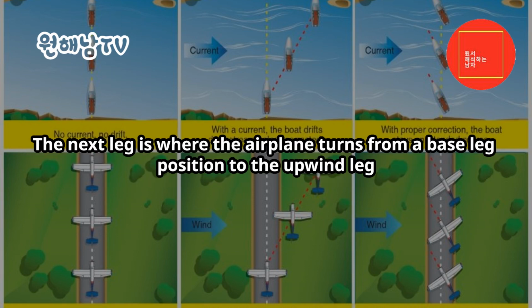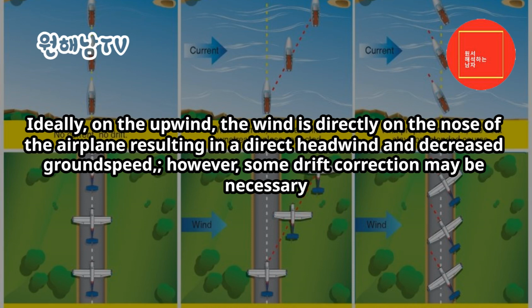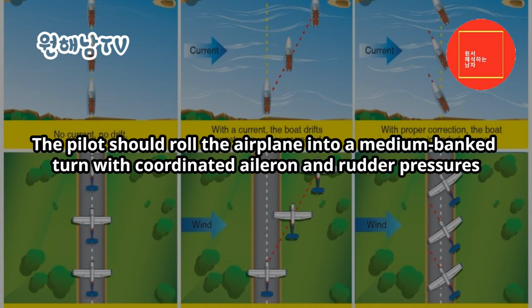The next leg is where the airplane turns from a base leg position to the upwind leg. Ideally, on the upwind, the wind is directly on the nose of the airplane, resulting in a direct headwind and decreased ground speed. However, some drift correction may be necessary. The pilot should roll the airplane into a medium bank turn with coordinated aileron and rudder pressures.